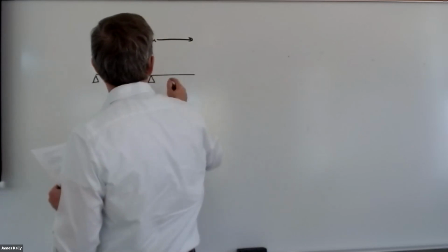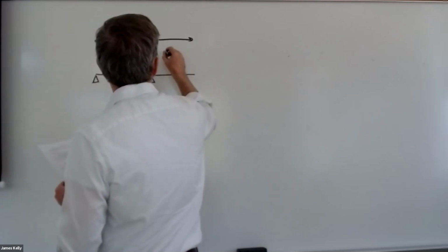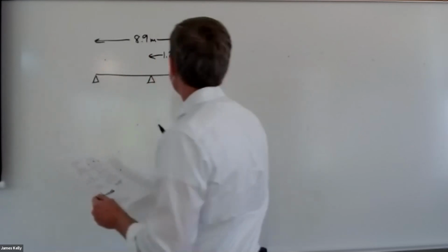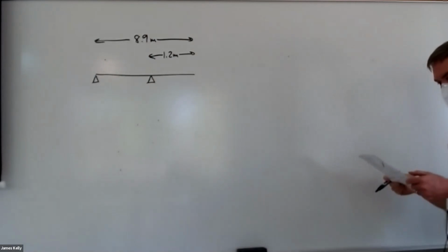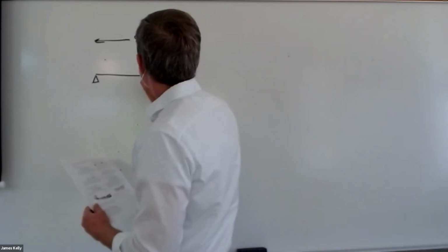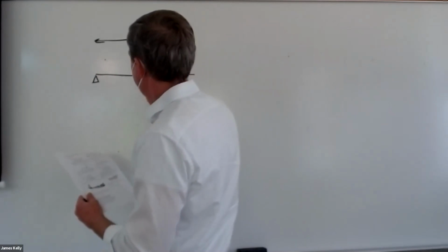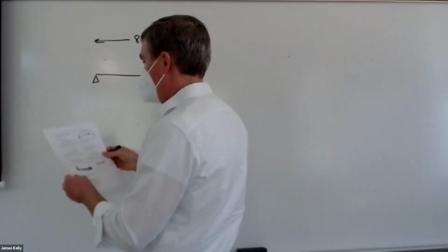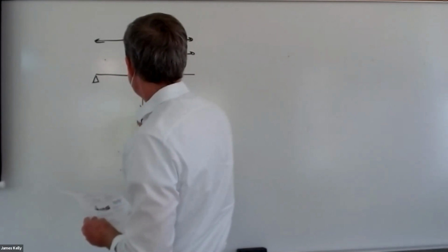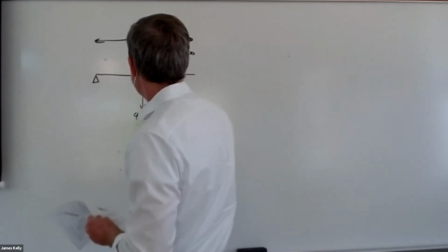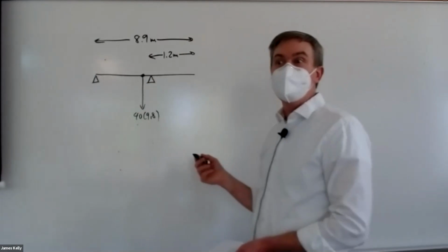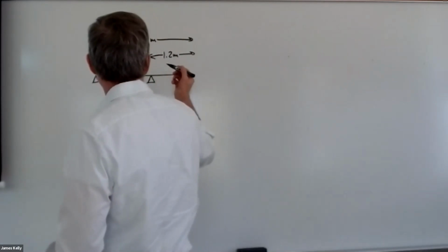This is 1.2 meters overhanging that second support there, if I understand it correctly. The center of mass of the plank is right in the middle, and we're told that the mass of the plank is 40 kilograms. So that means the weight force here is 40 times 9.8. And of course, it's going to be half of 8.9 from one end, if you like.